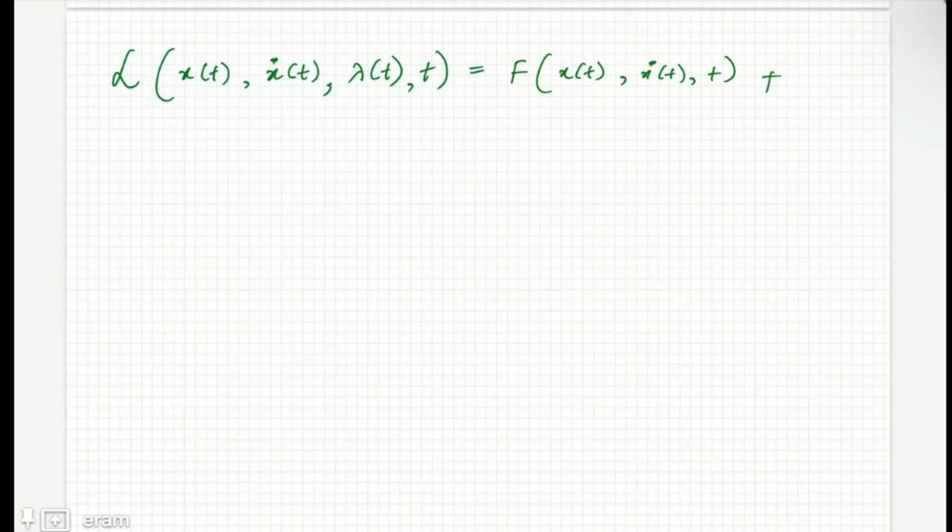plus the Lagrange multiplier. So for an n dimensional system, this will be of n dimension. So we have lambda 1, lambda 2 up to lambda n. So that's why we write it as transpose and into the constraint, that is nothing but the dynamical equation of the system.